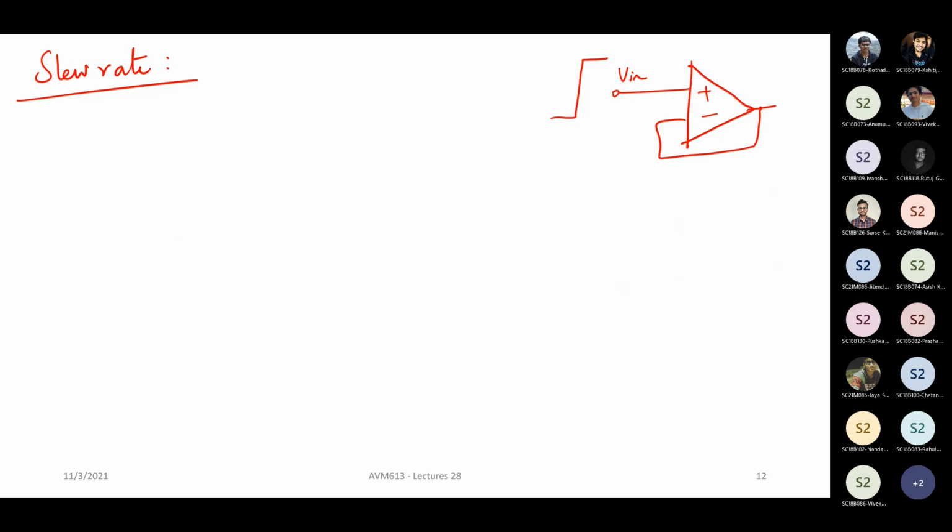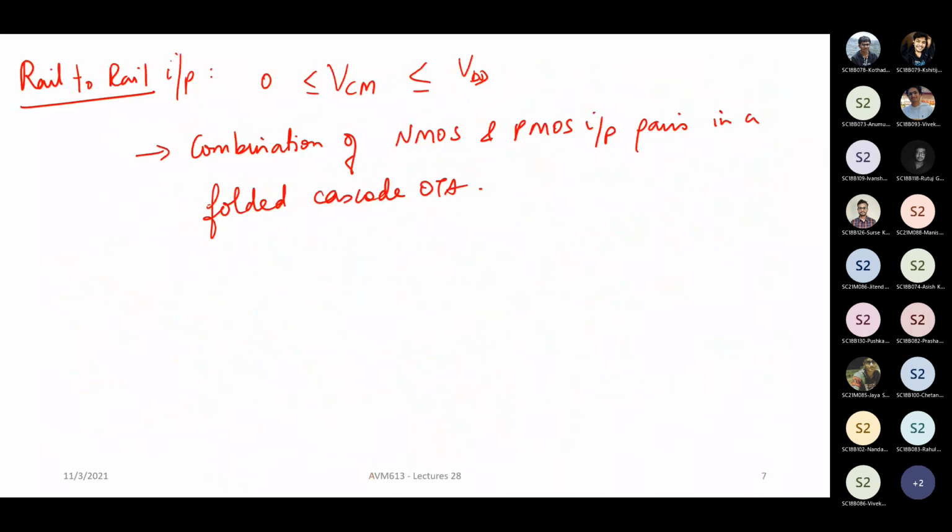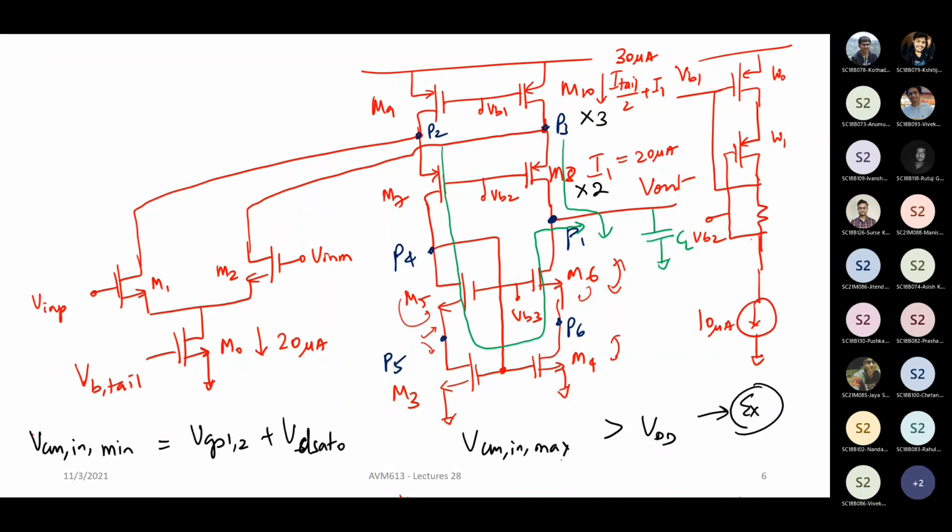Now, when you give a large input step, what will happen? So, I mean, we can probably work with this. Let us work with this circuit only, right? So, let us say if I'm going to give a large input step here, and let us say this is connected to V out, right? Now, what will happen? All the current will flow through M1 and M2 will shut off.